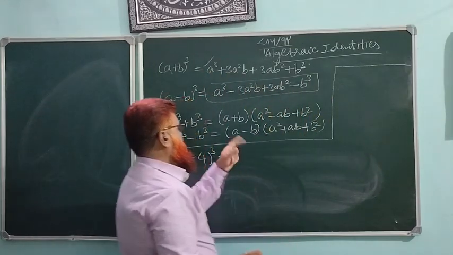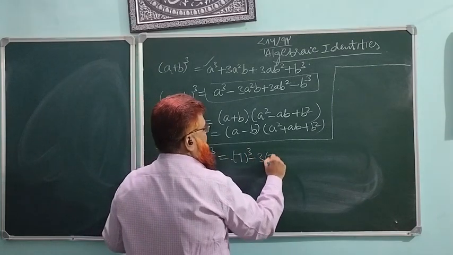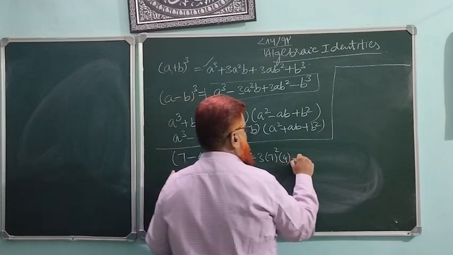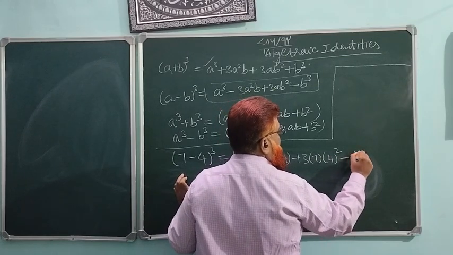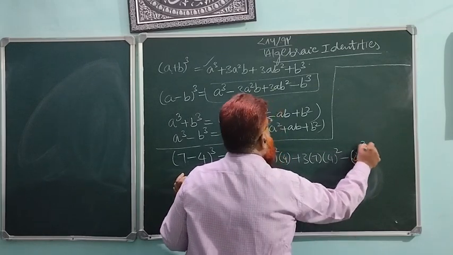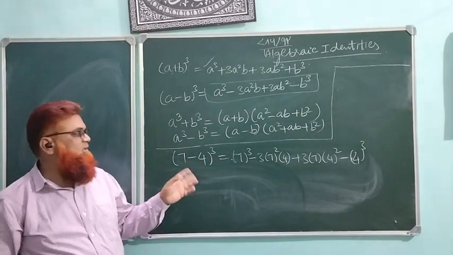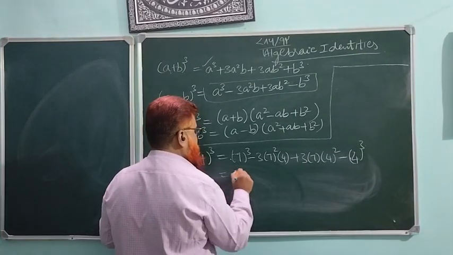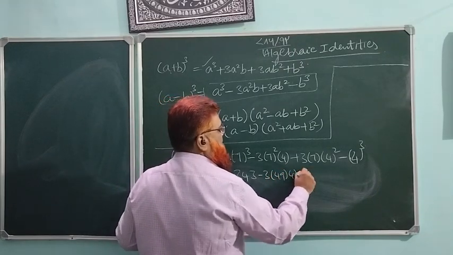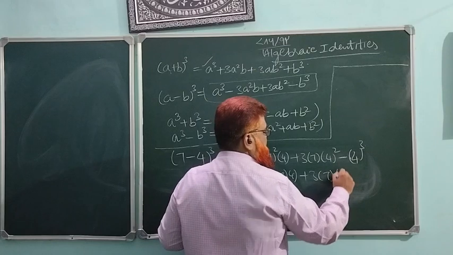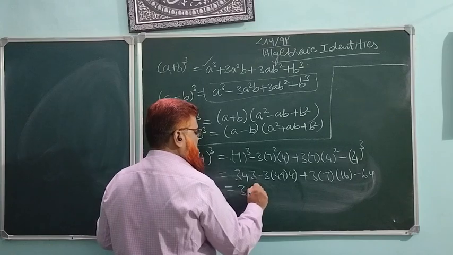For a minus b, we will apply this one. a cube, 7 cube, minus 3 7 square into 4 plus 3 into 7 into 4 square, and this is minus 4 whole cube. We have substituted the respective values, as a is 7 and b is 4. 7 cube again is 343, and this is 3 into 49 into 4 plus 3 into 7 into 16, and this is minus 64.